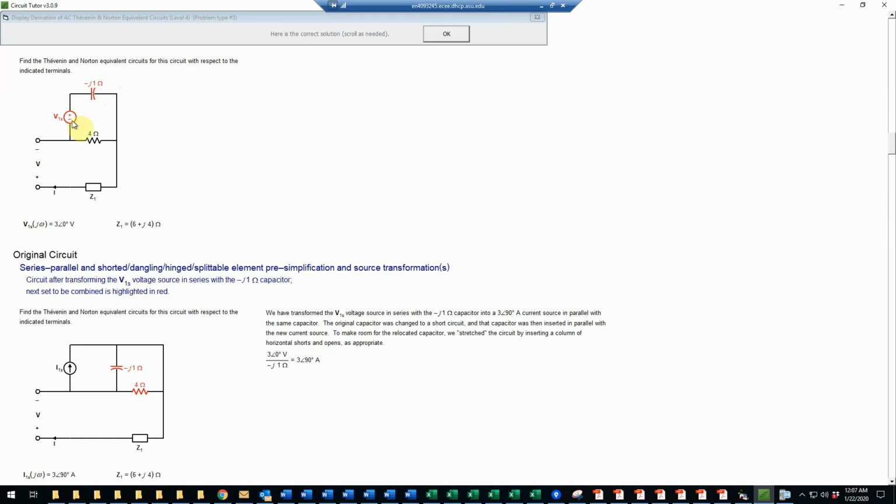So we're just really multiplying this by j, and so that would become 3 angle 90 degrees, because remember j is 1 angle 90 degrees in polar notation.